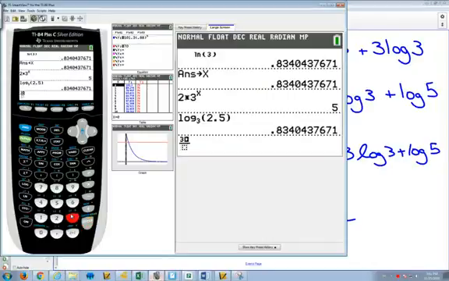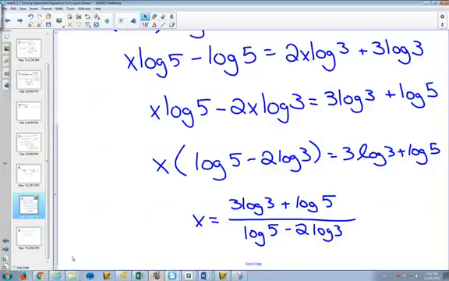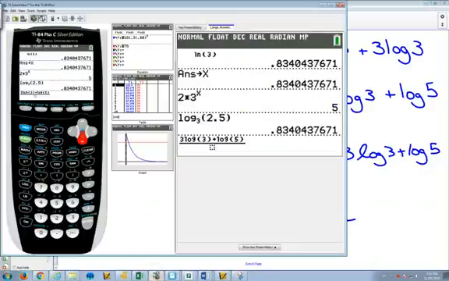So we had 3 log 3 plus log 5 on top divided by log 5 minus 2 log 3. Okay? That is a little busy, isn't it?